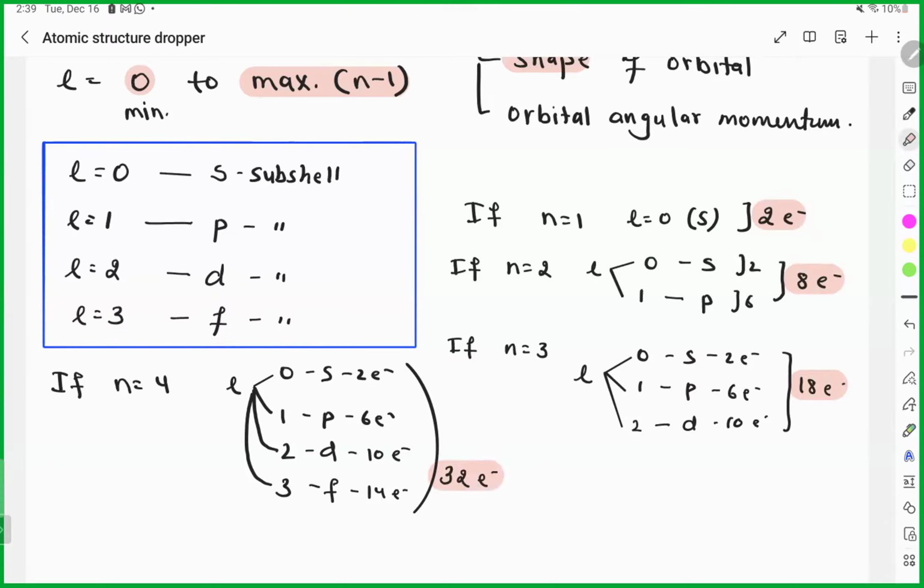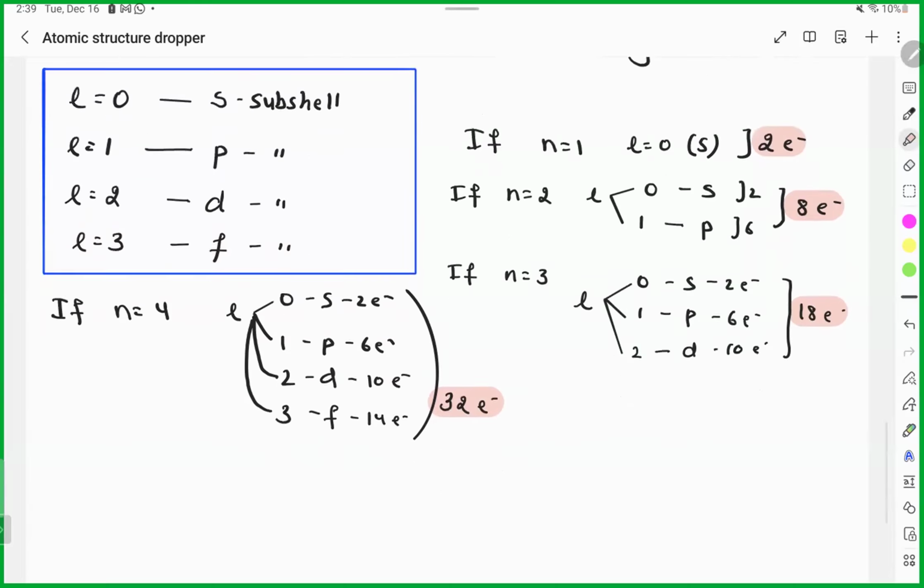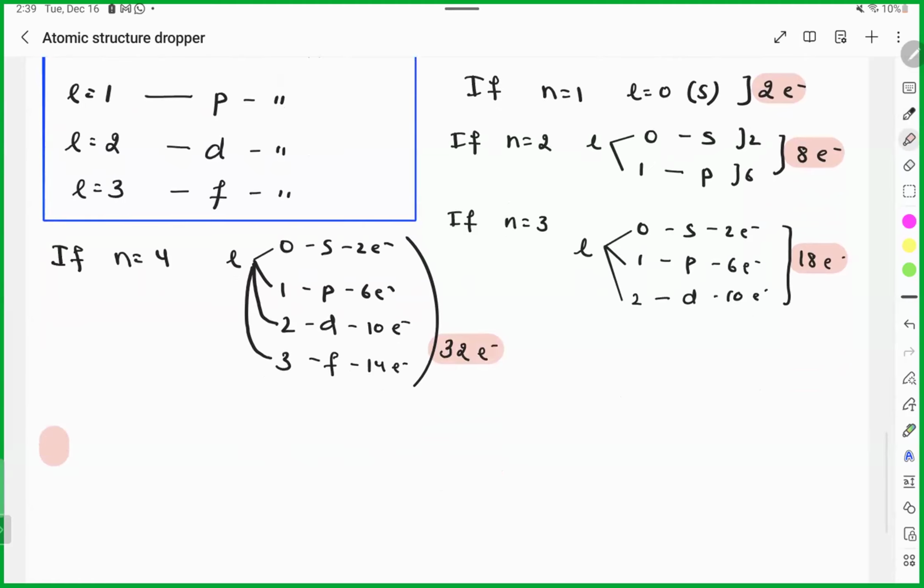Also remember that whenever you write, the n value signifies your number. Example, if n value is 1, then you know L value will be 0, it will be S. You will call it 1S.